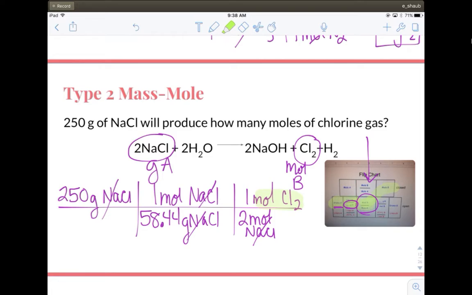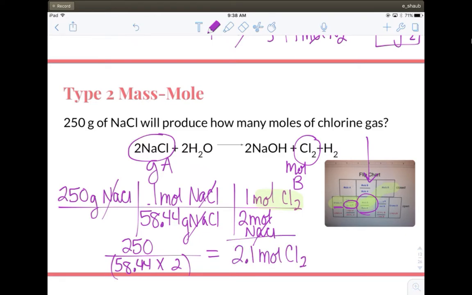In the calculator, you take 250 times 1 times 1, which just means you're taking 250 and dividing that by the quantity of 58.44 times 2. So it's always the quantity of the denominator. Once you divide it out, you get a total of 2.1 moles of chlorine. And that's your answer.